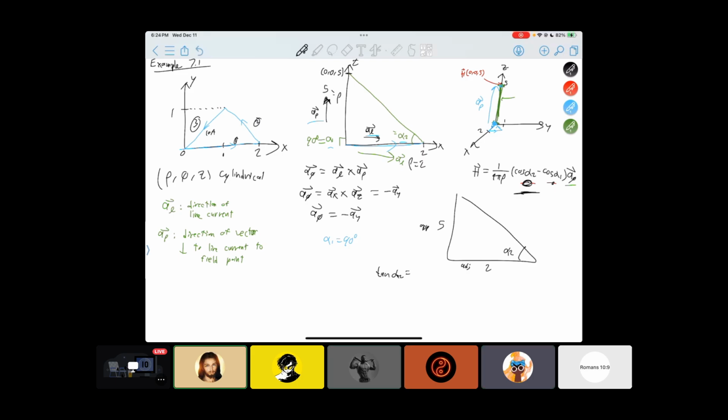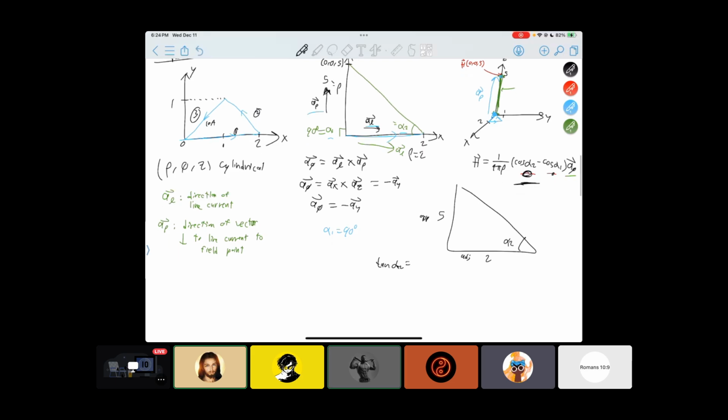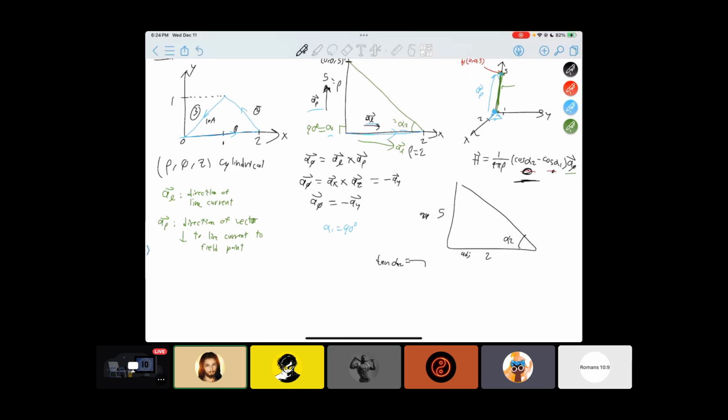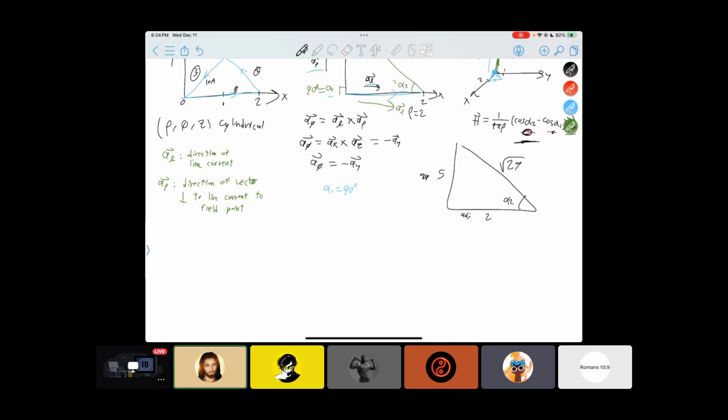Okay, I see what you mean. There's no need to actually solve for the angle if you know what it is. So you could just plug in, cosine alpha 2, that's literally adjacent over hypotenuse, right? Yep. 2 over that.